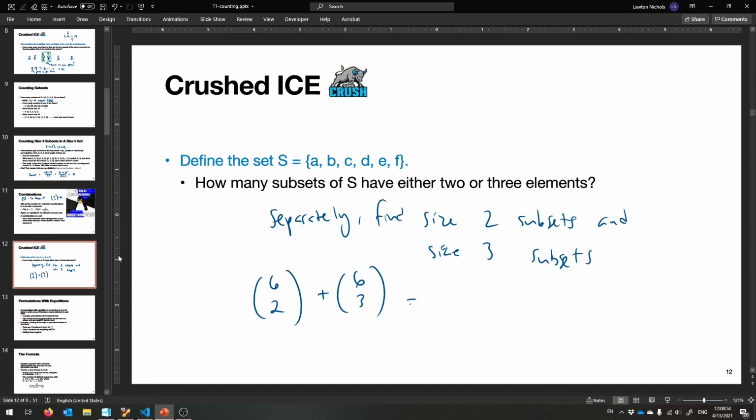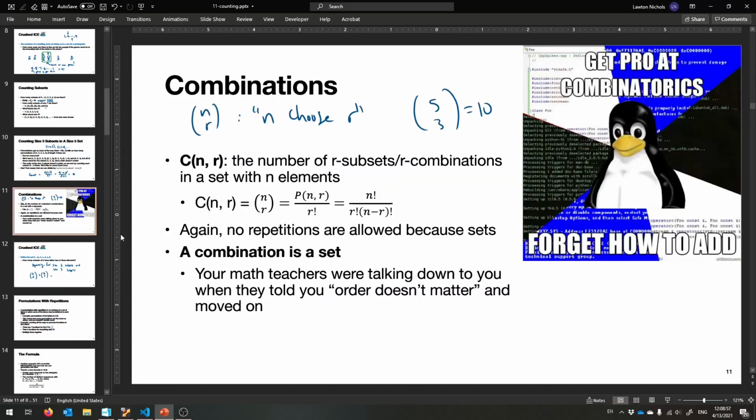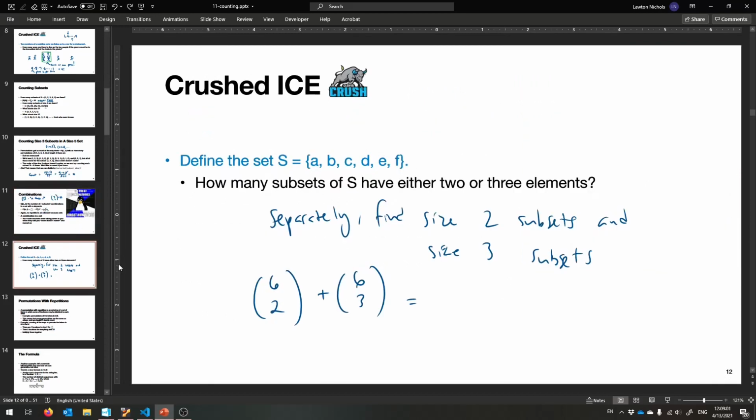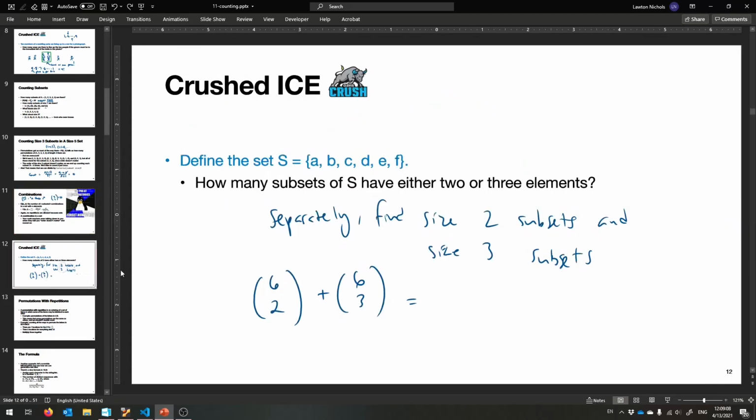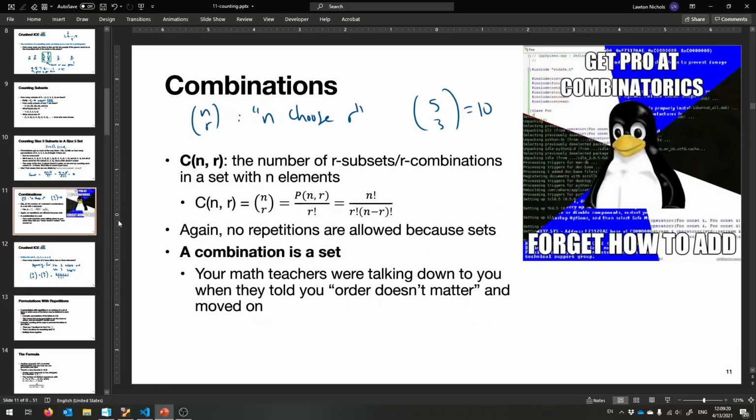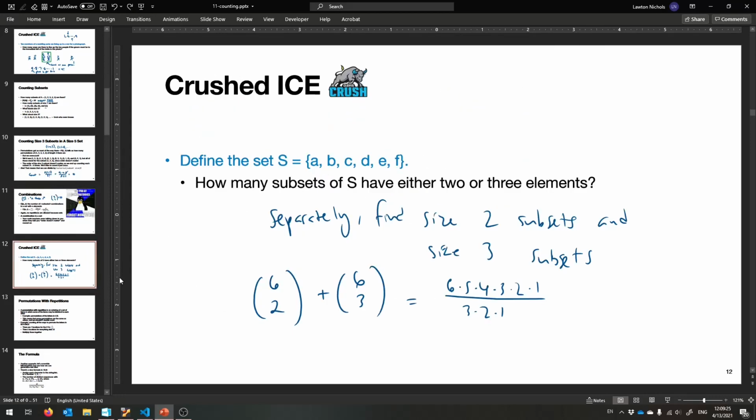If we want to follow these definitions, it's n factorial over r factorial: 6 times 5 times 4 times 3 times 2 times 1 over r factorial, which is 3 times 2 times 1, and then we also multiply on the bottom by n minus r factorial, and that happens to be 3 again, 3 times 2 times 1.